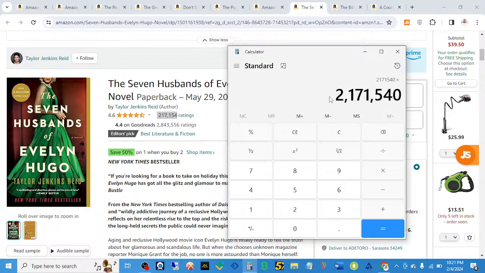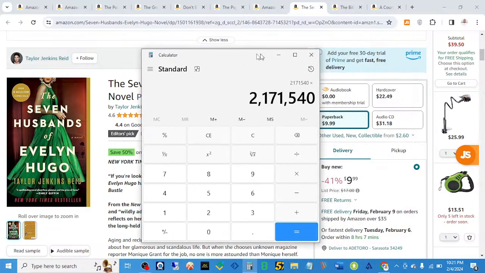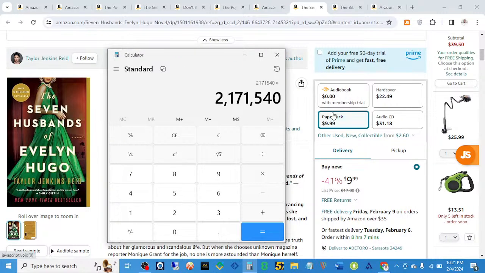So it means this book has made over 2,171,540 sales. And this is the average sales price, which is 9.9, because paperback is the most ordered format of the book by shoppers.